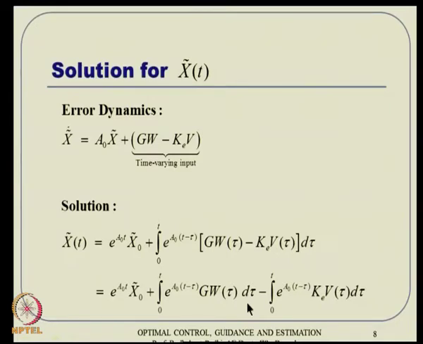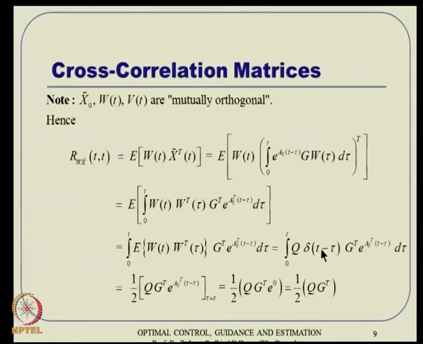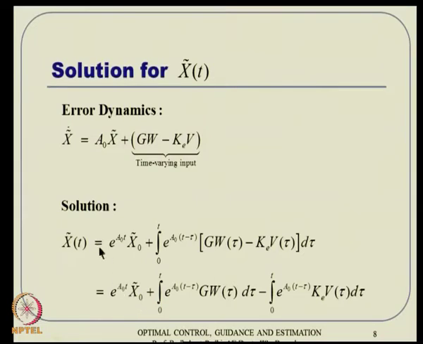So how do you simplify this? Obviously these two can be separated out first, this GW and KV part of it, and then we are interested in this R_WX tilde basically. Here we will use the property that all these signals are mutually orthogonal. When you attempt to compute R_WX tilde, it is nothing but the expected value of this fellow, and x tilde is just derived, and that is the reason why we wanted to derive that by the way.